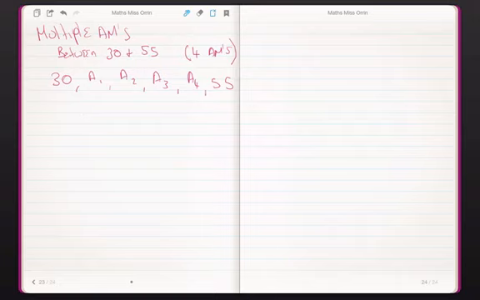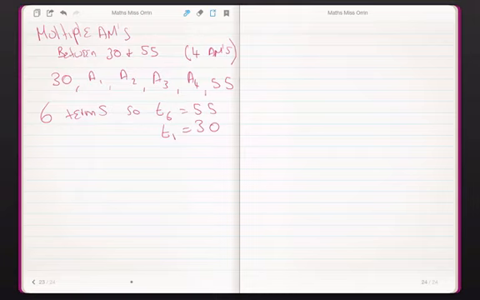That's all we're talking about. So we know that there are 6 terms altogether: 1, 2, 3, 4, 5, 6. So term 6 is 55 and term 1 is 30. So there's some information that we know, okay?